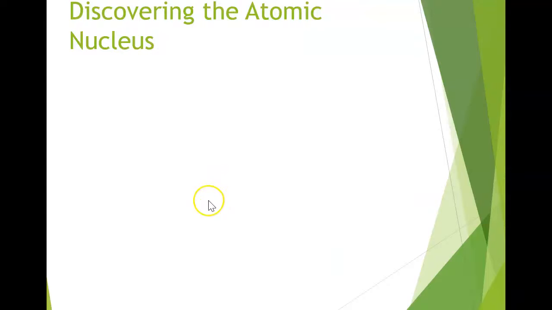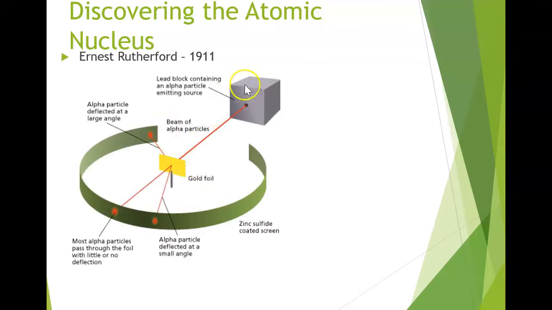Now, when we discovered the nucleus, I think I discussed Ernest Rutherford before. What he did was called the gold foil experiment. He shot a ray at a gold foil, and what he observed was some of them went straight through. Some of them bounced off at a small angle, and some were detected at a large angle. They went backwards. And he's like, how is that possible?